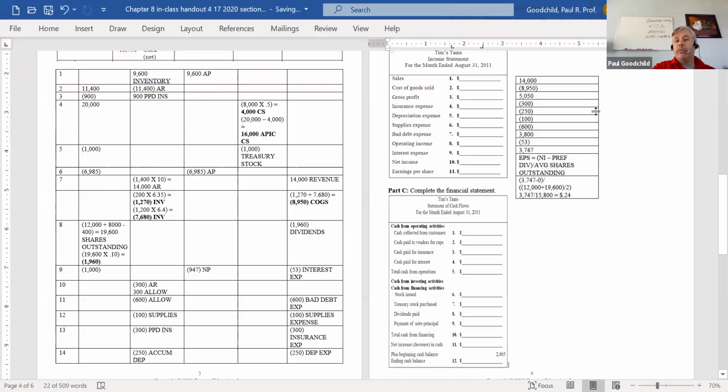Can't get that to move up. Sorry about that. Okay, I'm checking my questions. So somebody asked, is that pretty good EPS for a company with that amount of net income? I would say it really depends on how many shares are issued. For me, thinking about $3,700 on $14,000 revenues, pretty reasonable.